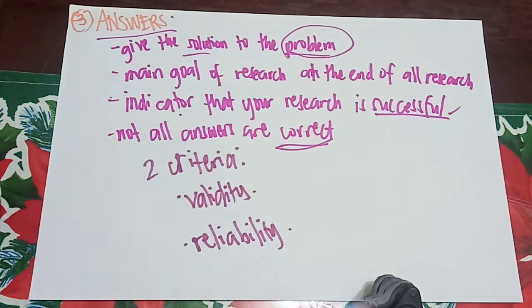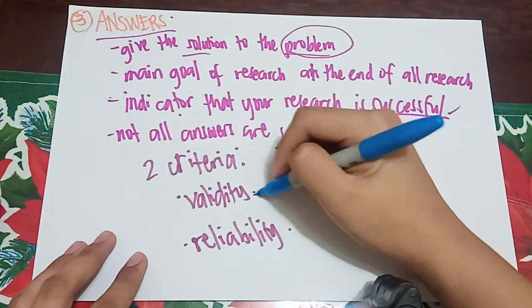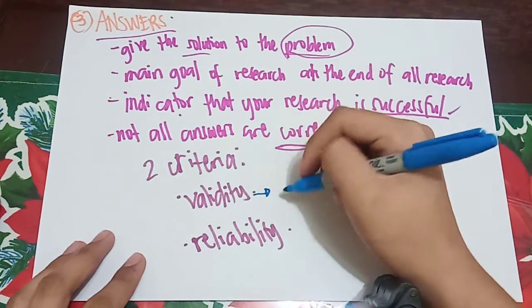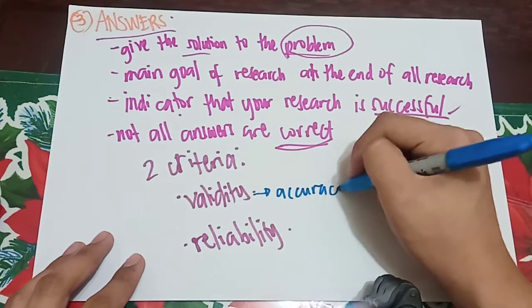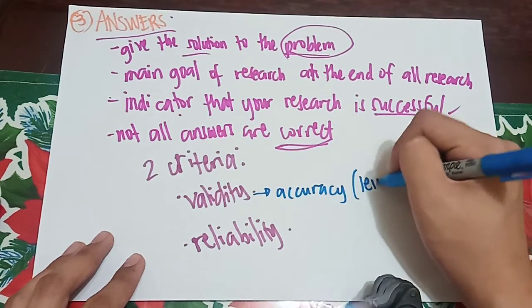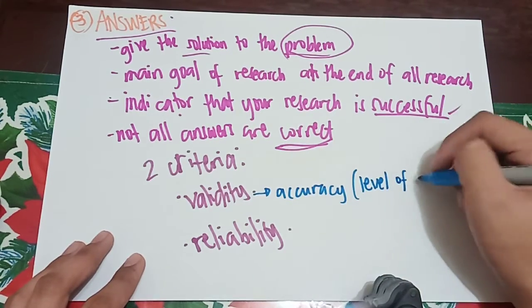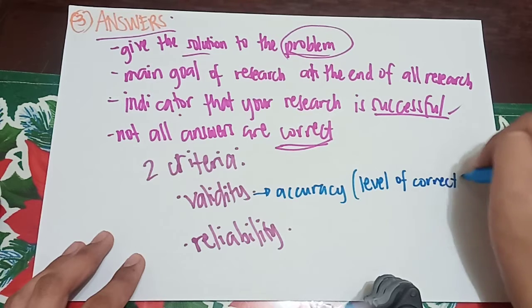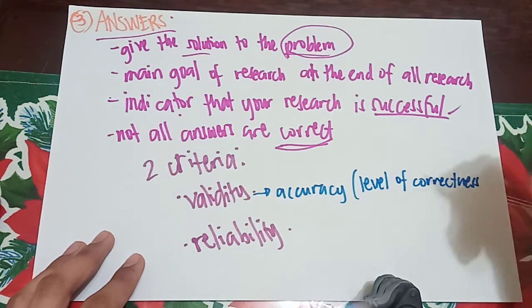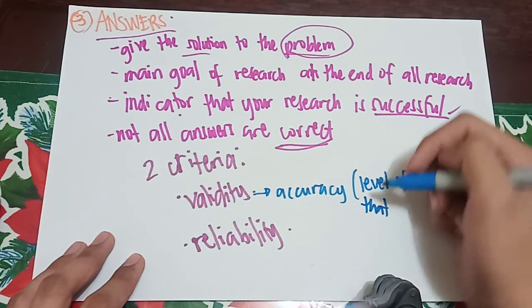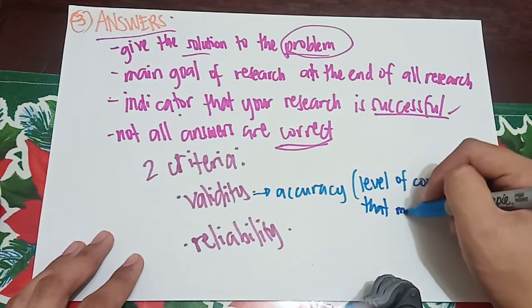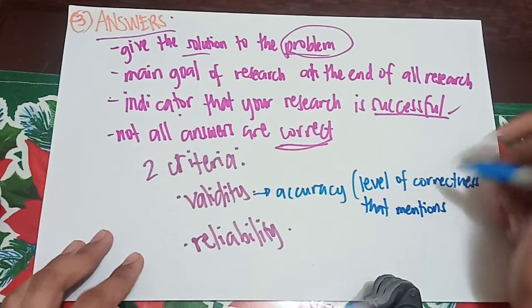So, what do we mean by the word validity? When we say validity, it is the accuracy. And when we say accuracy, it is the level of correctness that leads to truthfulness.